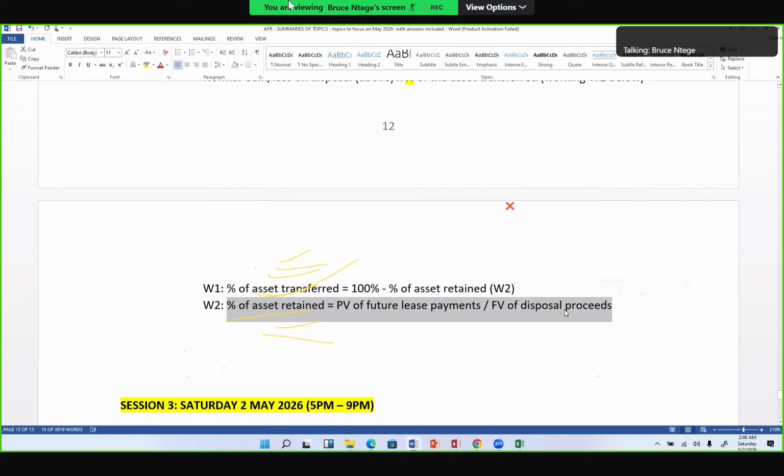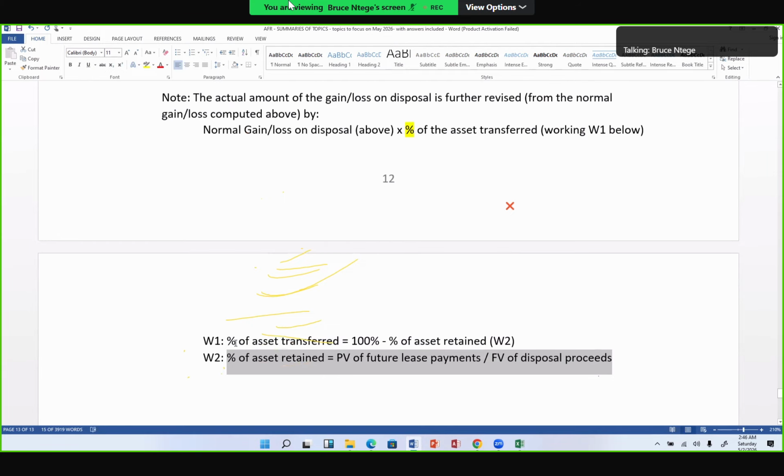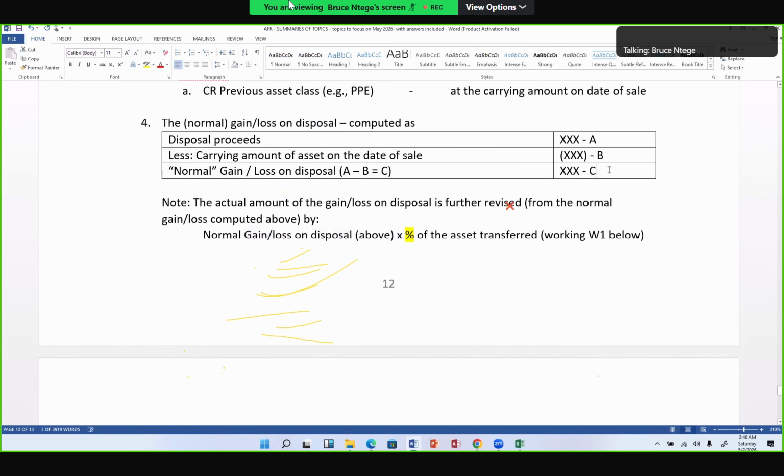Okay, so when I get that, I'll come back to put it into the working of the percentage transferred, 100% minus that percentage retained. That gives me the percentage transferred. When I get that percentage transferred, I'll then take it down to the normal gain or loss on disposal, to say that I'm restricting that normal gain or loss on disposal. So that will give me the figure I'm looking for.